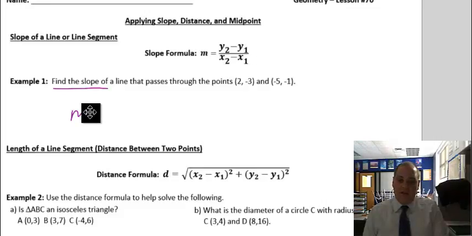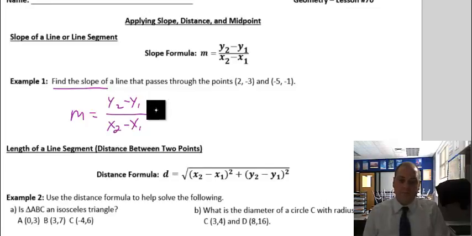Slope is y2 minus y1 over x2 minus x1. So that's going to be -1 minus -3 over -5 minus 2.